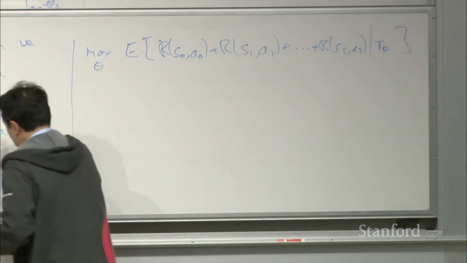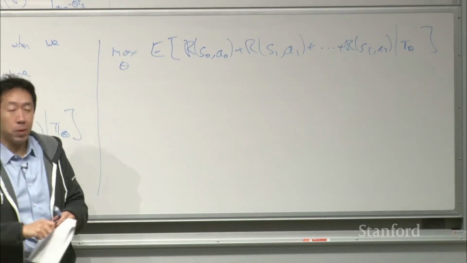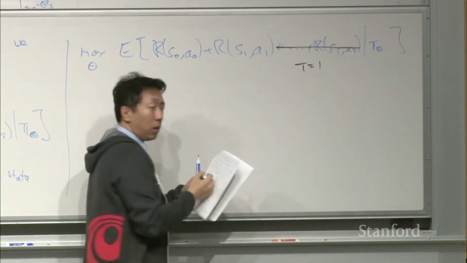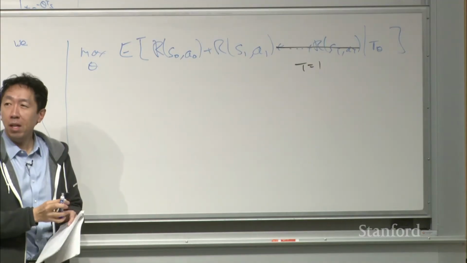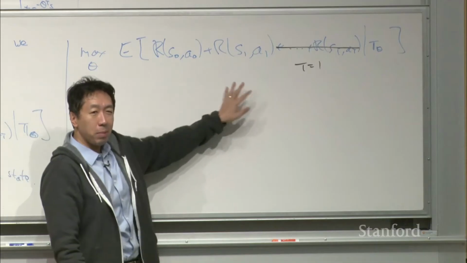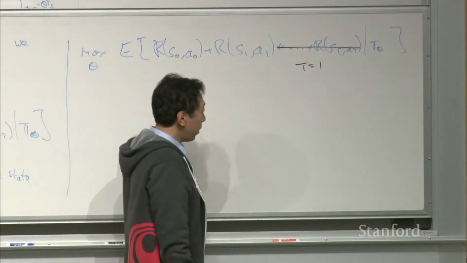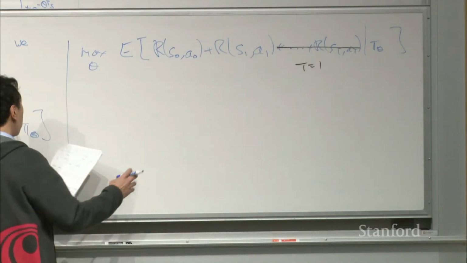And in order to simplify the math we'll write on this board today, I'm just going to set capital T equal to 1 to simplify the math, in order to not carry such a long summation. So I'm just doing a 2 time step MDP to simplify the derivation, but everything works just with a longer sum if you have a more general version of T.